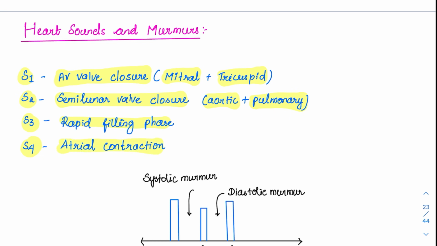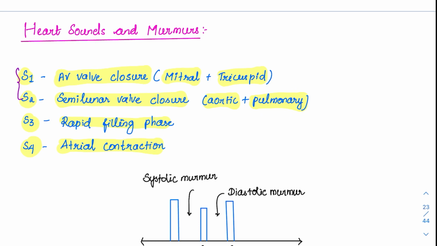Clinically, how will you differentiate between S1 and S2? I am not asking about the pitch, loudness and all. How will you identify which is S1 and which is S2? S1 is AV valve closure. Immediately after AV valve closure, what is happening? Cardiac systole is happening. So when systole is happening, we will feel a pulse.